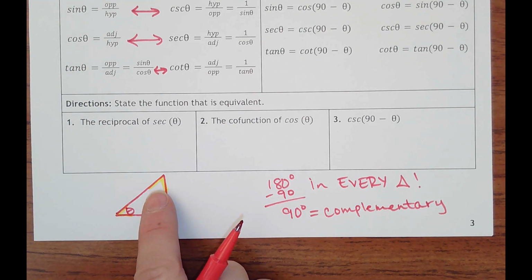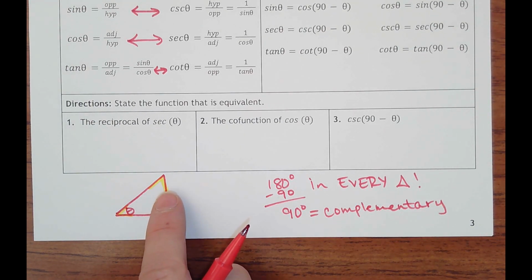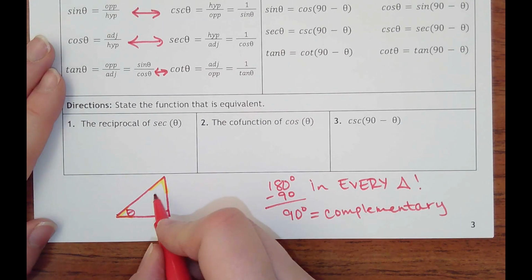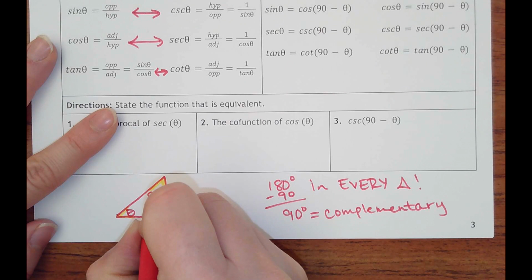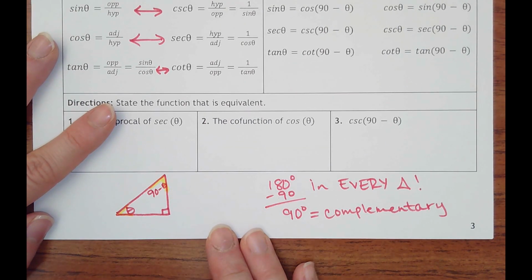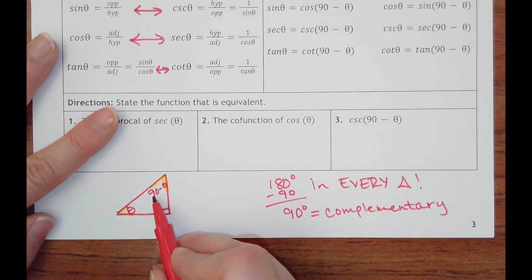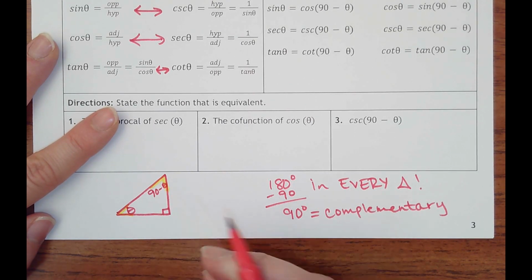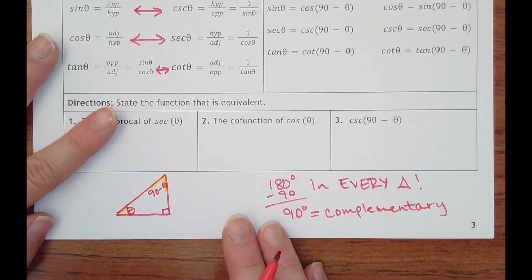So I need to be able to label this other acute angle with something. I don't want to call it theta because I don't know that they're the same. But if I know these two combined make 90, then I can say that 90 minus whatever this angle is would make the other angle. Say this is 60, then 90 minus 60 would mean it's 30. Say this is 45, 90 minus 45 would leave me with 45. So hopefully that makes sense.